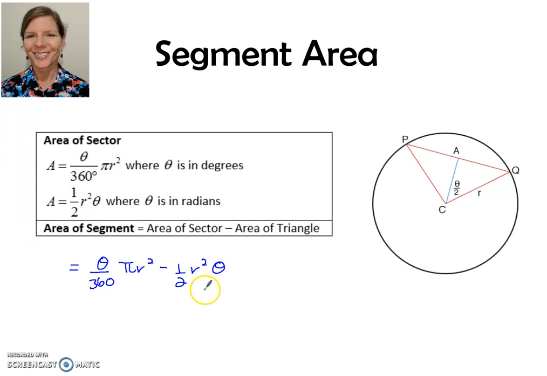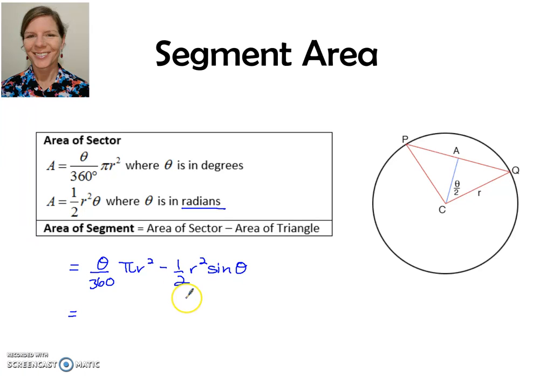Sorry, wait a minute. That's the sector. Confusing myself there. Right, the area of the triangle is a half r squared sine theta. So it's very similar to this in radians. That's in radians. We're using this one.